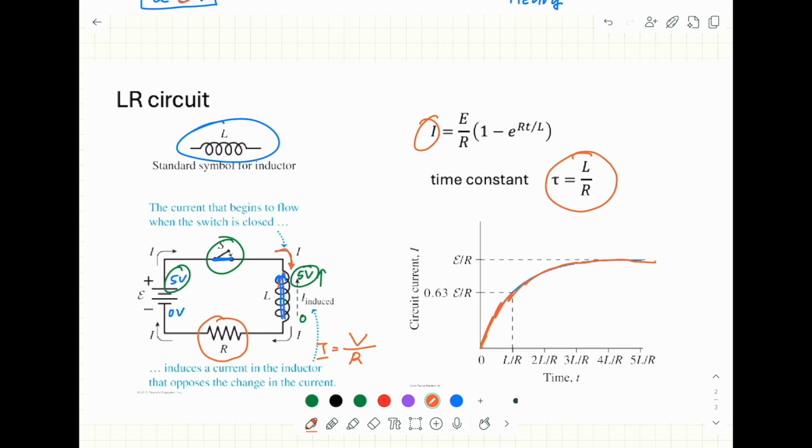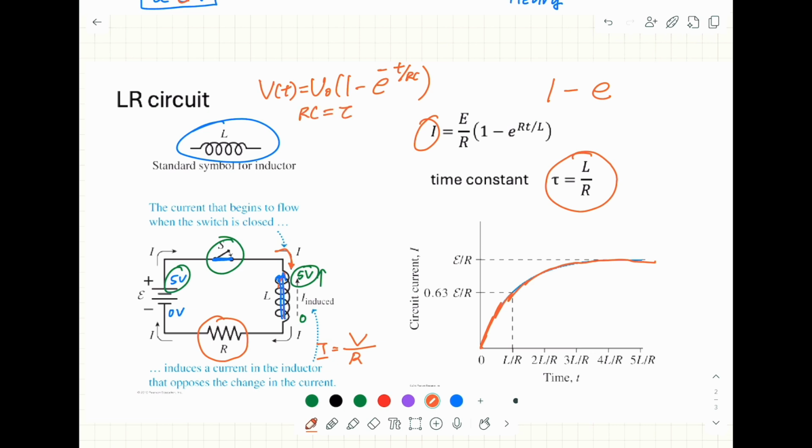Remember, in a capacitor, V as a function of t is V naught times 1 minus e to the minus t over RC, and we say RC is the time constant.